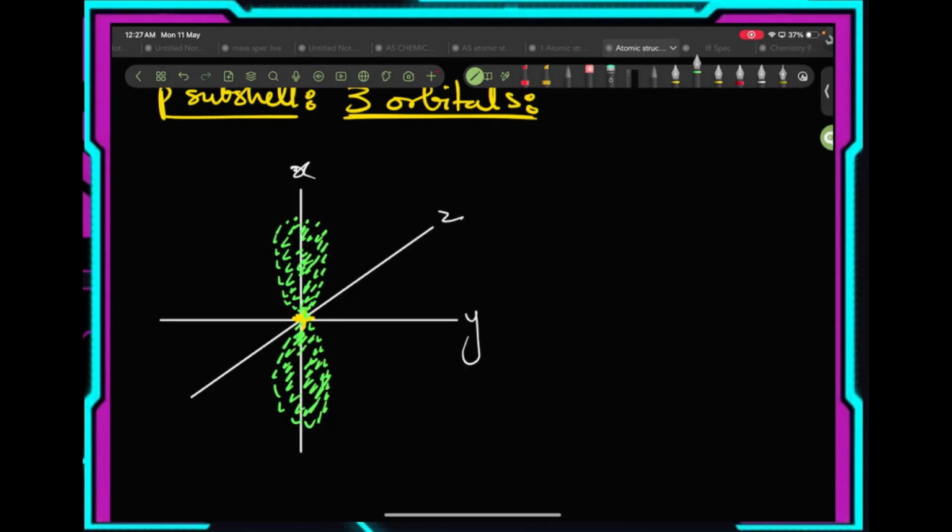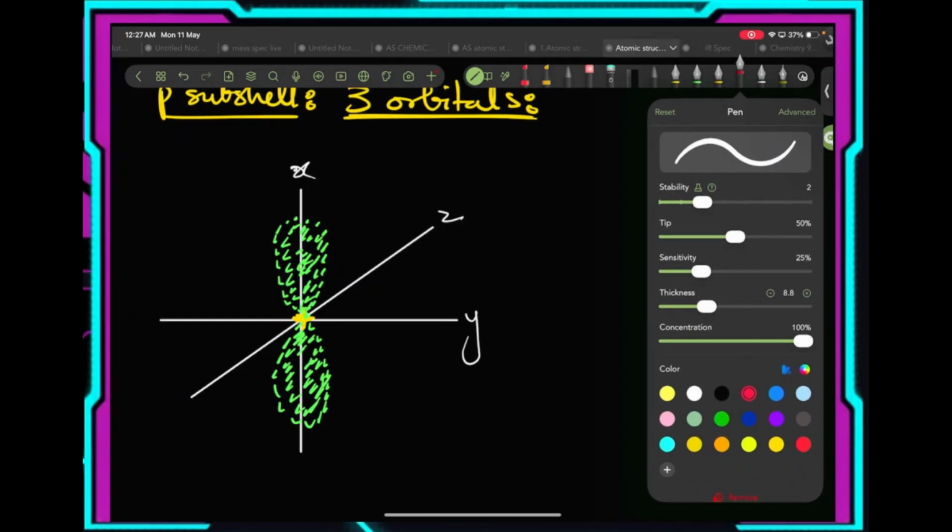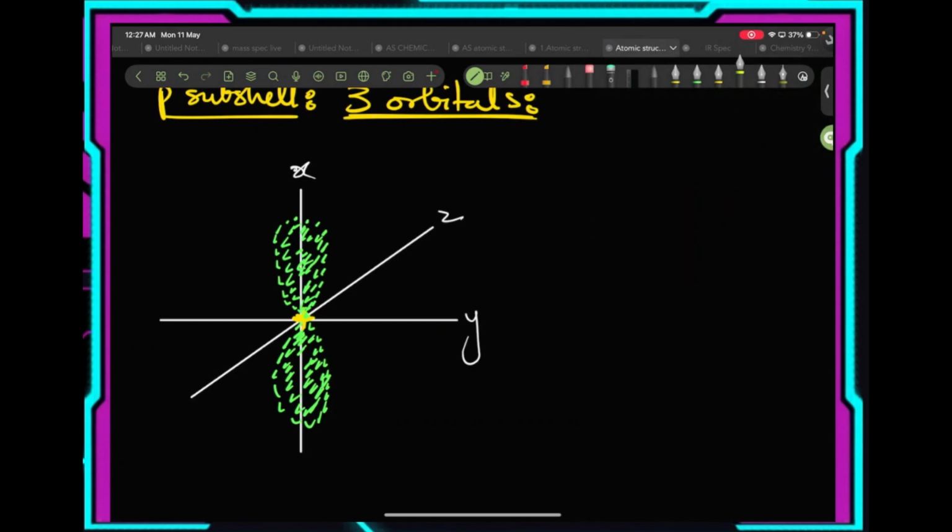So if we just outline this shape, how does it look? If we change the color, it should look like this. This is the region where the electron spends most of its time. What do you call this kind of shape?